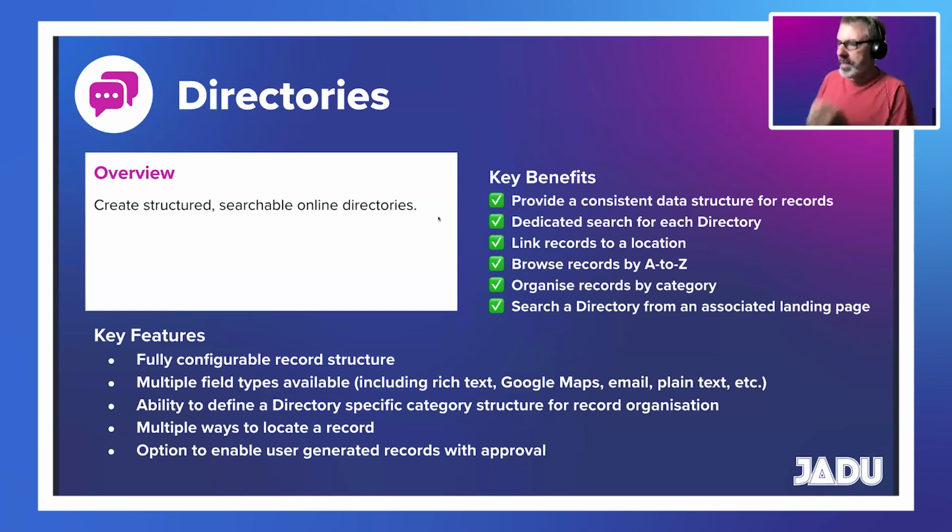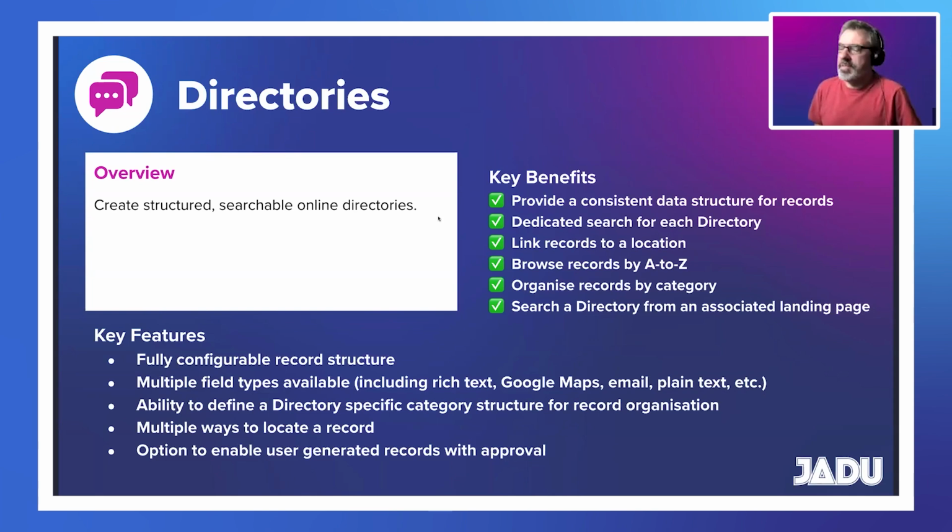Directories is the other, I guess, core content type for presenting information. We did a masterclass on this a number of months ago, so I'm going to touch on this relatively briefly in this class. Directories are useful where you've got structured data and you want to present a number of records that people can search.